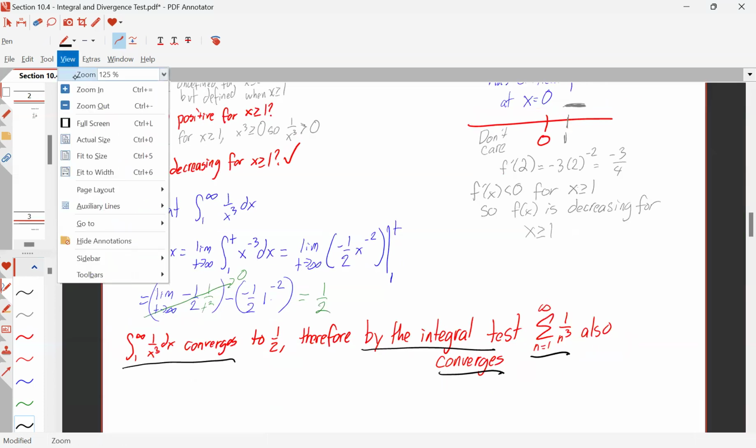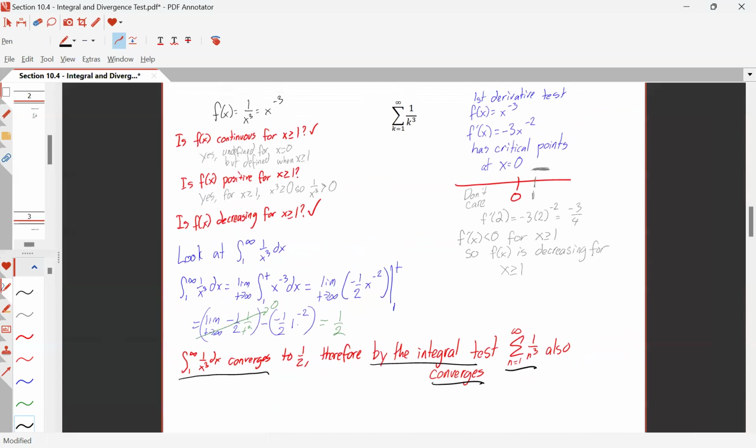Just because the integral converges to 1/2, the series does not converge to 1/2. It will be close to 1/2, but it's not 1/2. So we cannot say anything at this point about what that series converges to. All we can say is because the integral converges, then we know the series converges.